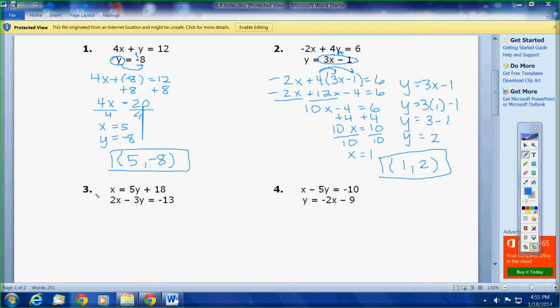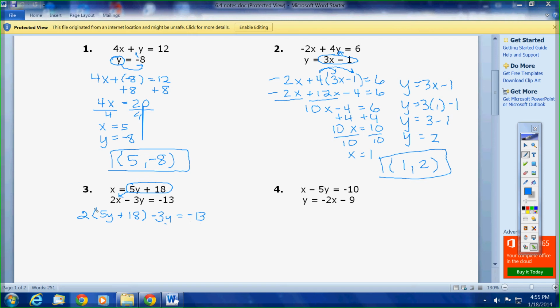Okay, problem number 3. This time we've got x equals. So that means this entire quantity, 5y plus 18, is going to go in for the x. So that's going to be 2 parentheses, 5y plus 18 is replacing the x in the parentheses, minus 3y equals -13.